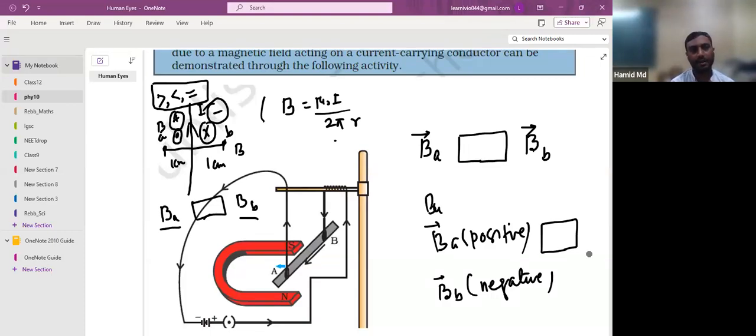Positive is greater than negative, right? So what sign will it take? A is greater than B. Of course, good. So moving on to the next concept.